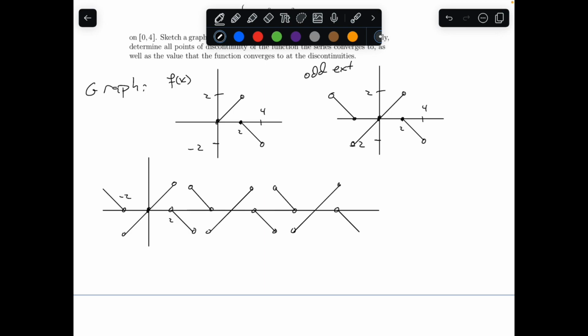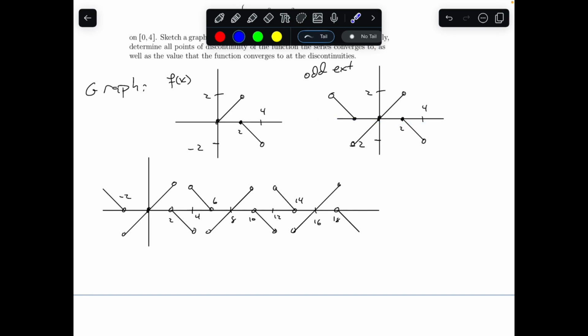All right, so here's -2, here's +2, and then this is 4, 6, 8, 10, 12, 14, 16, 18. Here's how you want to think of this.